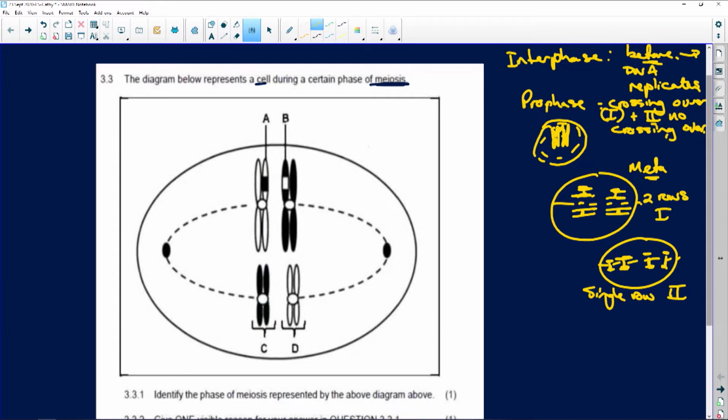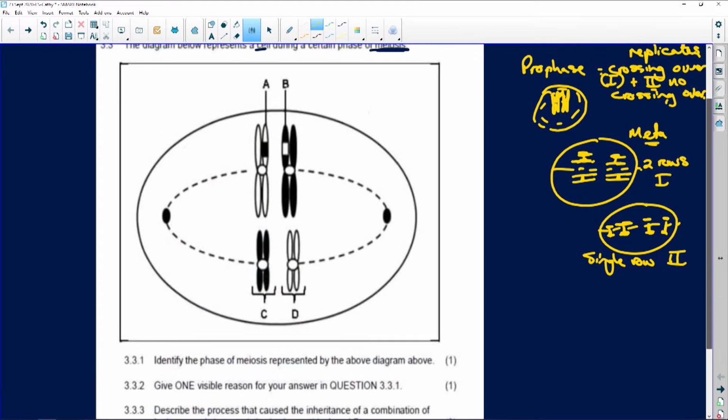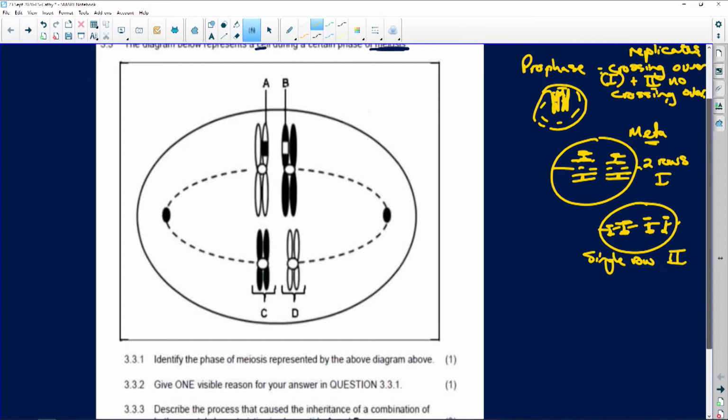Then when we look at anaphase, anaphase is for away. That's when the chromosomes start to pull from the equator to the poles. Here, you're going to have a whole chromosome pulling to the pole.